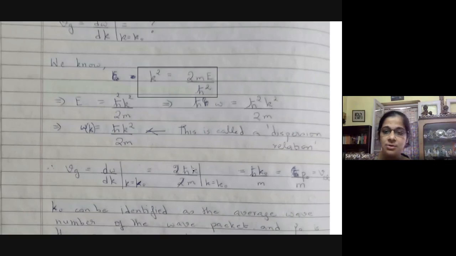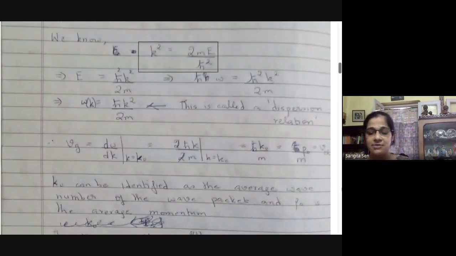Okay, so when you do that, that is simple enough, and you put k0, and k0 corresponds to this peak of the wave packet, and this corresponds to the momentum for that peak, and then you have the classical velocity. So then for a quantum description of a free particle that is behaving sort of like a particle, the group velocity can be identified with the classical velocity.